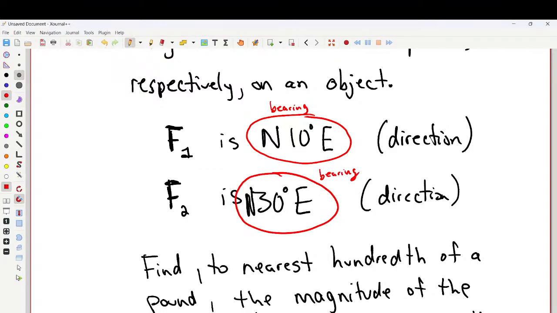So this is an angle, but it's a very specifically drawn angle. Do not think about standard position anymore. Literally follow what the bearing tells you to do. So the first is going to be either north or south. I guess it could be west or east, but in our textbook, it's always either north or south. So it says, okay, imagine facing north.